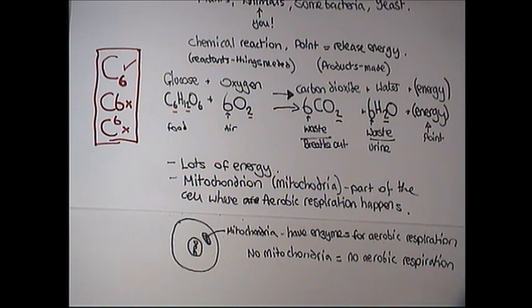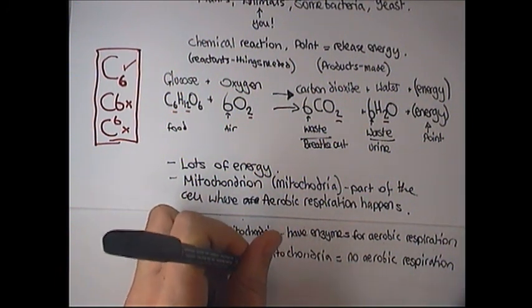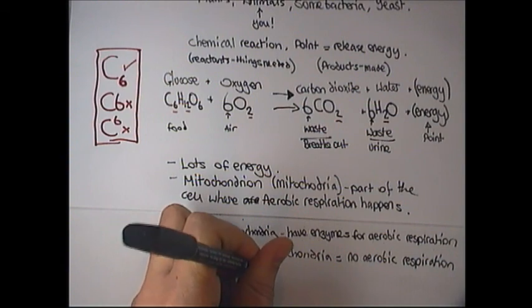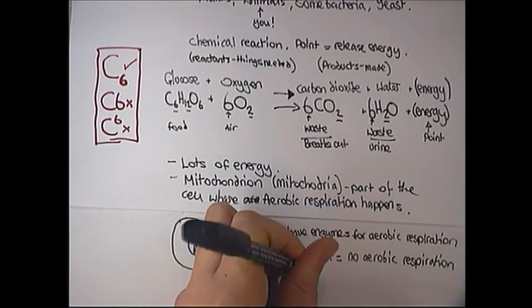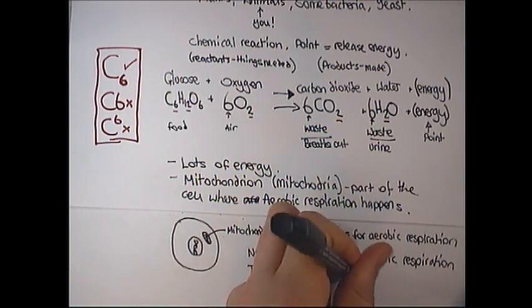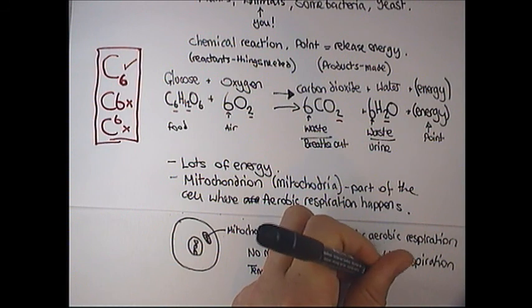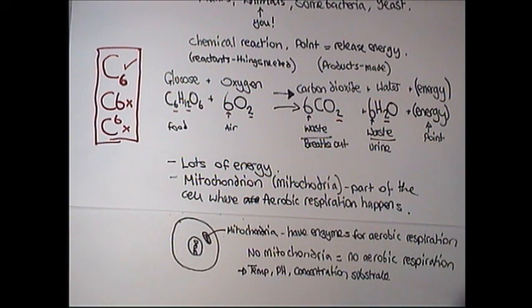Because aerobic respiration is a chemical reaction that's controlled by enzymes, it means that it is affected by the things that affect enzymes. Now, when we studied enzymes, you would have found out that enzymes are affected by temperature, pH, and concentration of the thing that they're working on, the substrate. Now, in the case of aerobic respiration, the enzymes are found in the mitochondria.